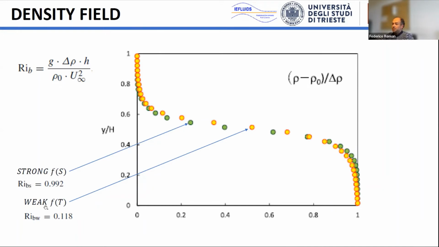Here we report the Richardson number used for the two cases, which represents the ratio between the potential and the kinetic energy, or in terms of forces, the ratio between the buoyancy force and the inertial one.